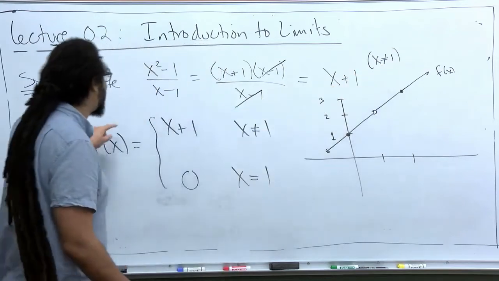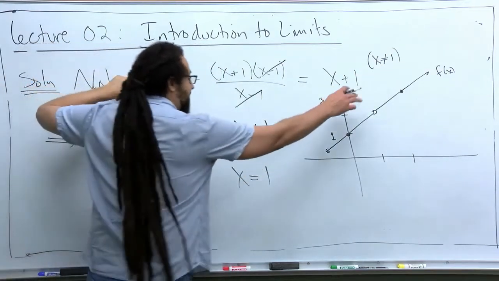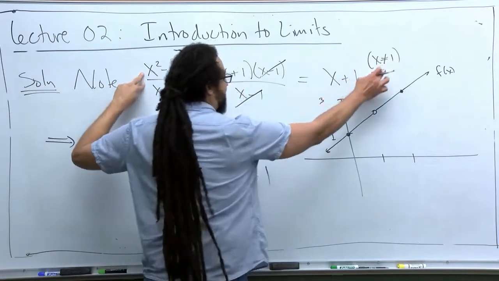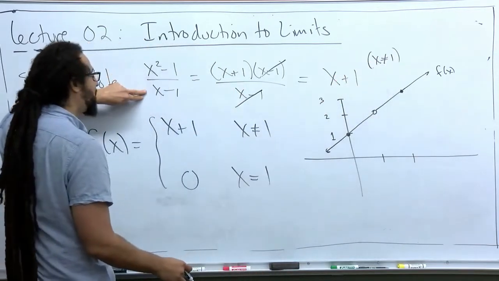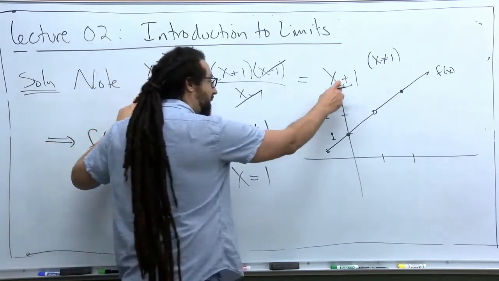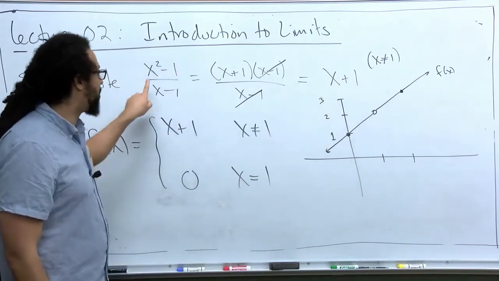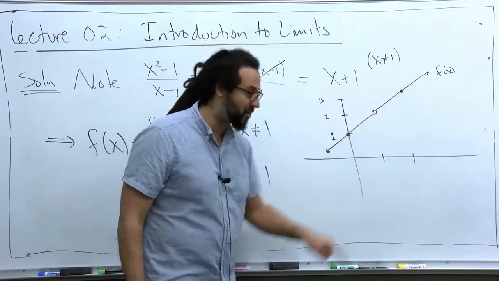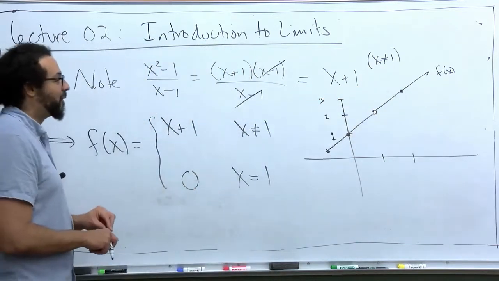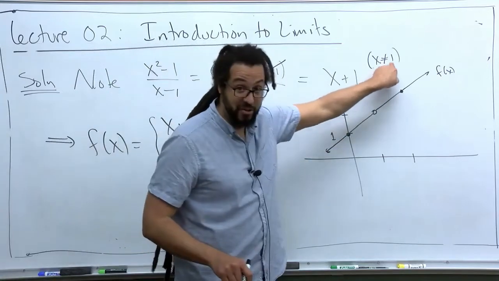So again, to say that this function is equal to x + 1 without the restriction x not equal to 1, that's false. (x² − 1)/(x − 1) is not equal to x + 1. It is equal to x + 1 everywhere except at x equals 1. So that's really important that we throw in this restriction.